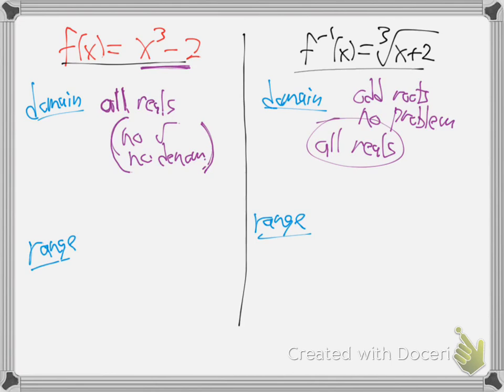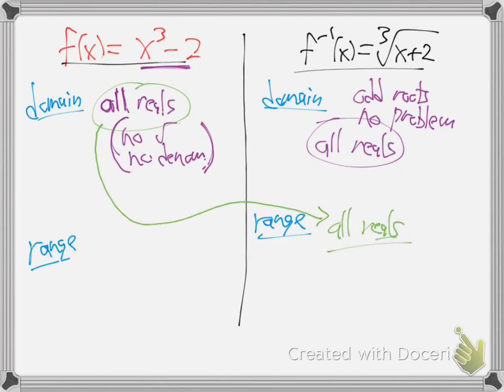Okay, now, how am I going to get the range for these? Remember, an inverse function is an inverting of x's and y's, inputs and outputs, domains and ranges. So the domain of the original function, all reals, becomes the range of the inverse.